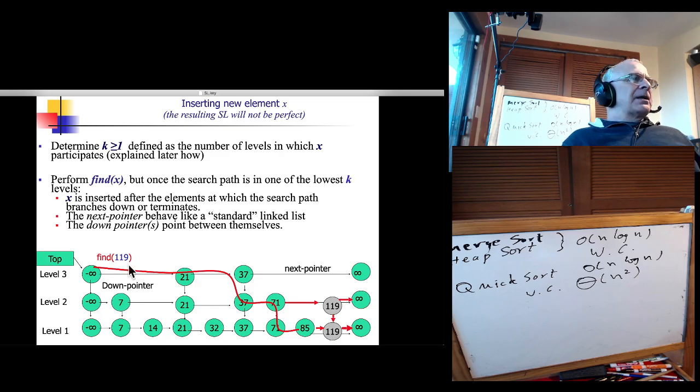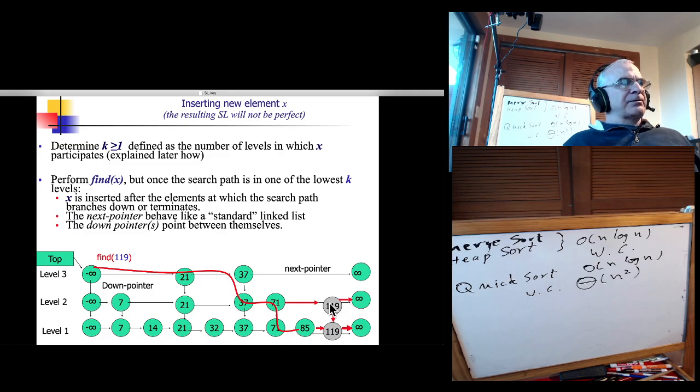I perform find of 119, the value that I'm going to insert, and I notice where I start. I start at level 3. Now I'm going down to level 2, and here is an element at which I'm going down, from 71. And since I'm in one of the 2 levels that 119 is going to be inserted into, I can insert it already into the right place.